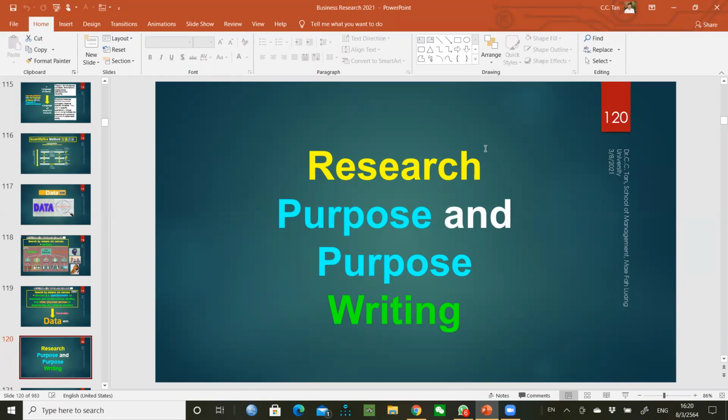So you have to get your research purpose accurately stated, so that when people read your article, they know that you're moving towards that purposeful direction, and they know that you have met the purpose, and you yourselves know what you need to do in order to meet the purpose, and if not, why so.